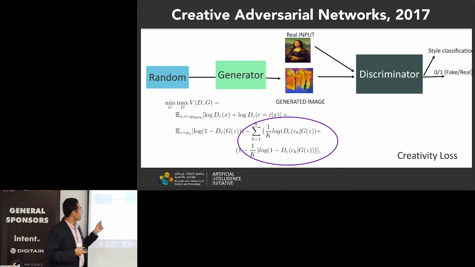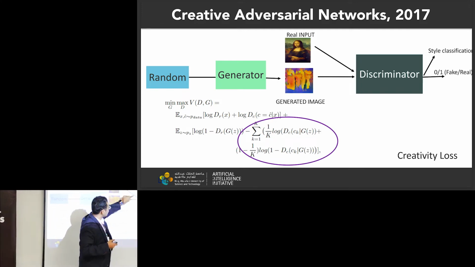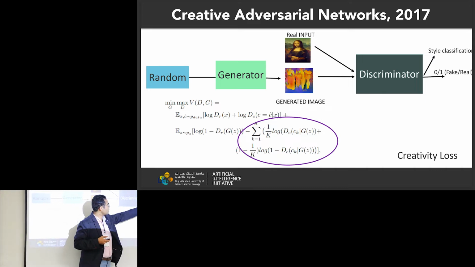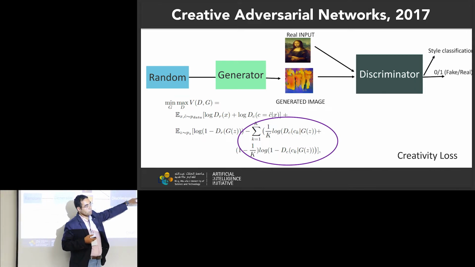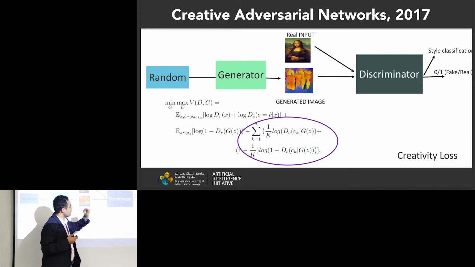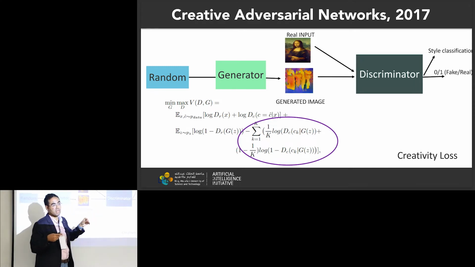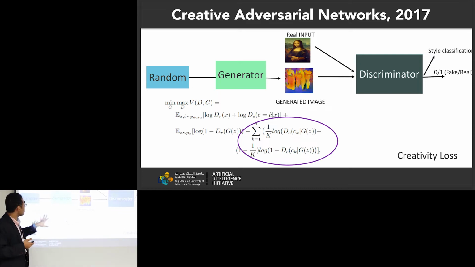So whenever we feed a real image like the Mona Lisa, we want the discriminator to say that this is real, and that the class the Mona Lisa belongs to is high Renaissance, because we know that the Mona Lisa belongs to the high Renaissance art style. So this is one thing, and it enables the representation space of the discriminator to be more aware of these different art styles. But how about the generator?